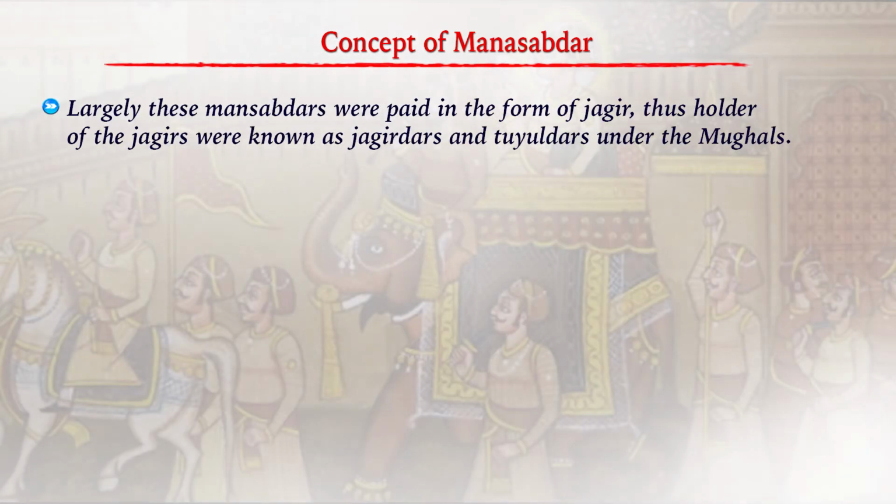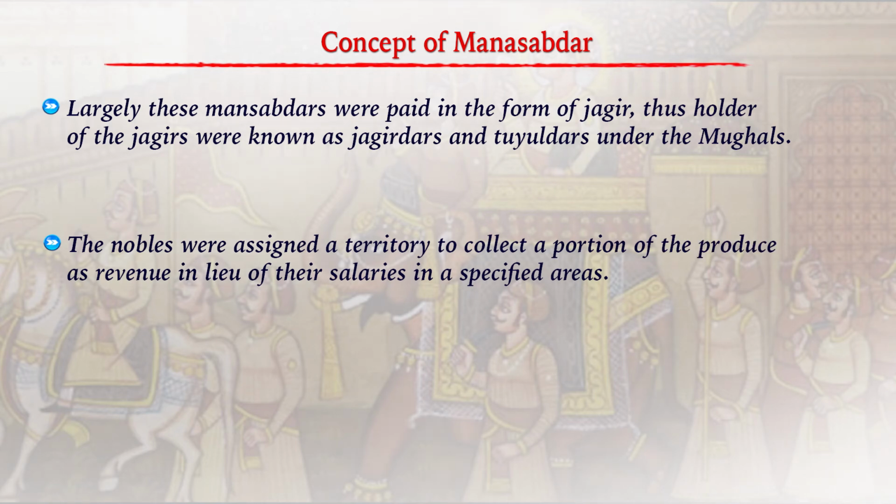As a result, there were further subforms that took place. For example, Mansabdars were paid in the form of Jagir, so the holders of the Jagirs were known as Jagirdars, and they were assigned a specific territory to collect their produce.